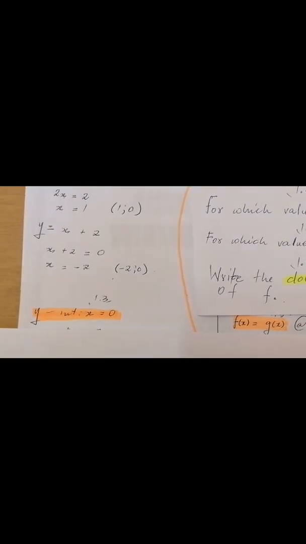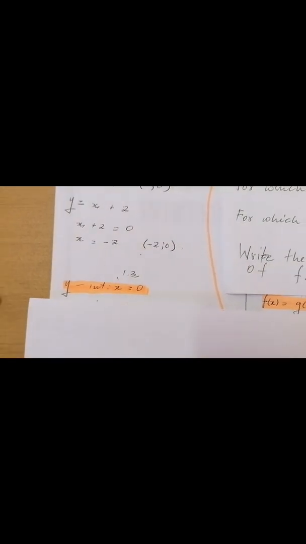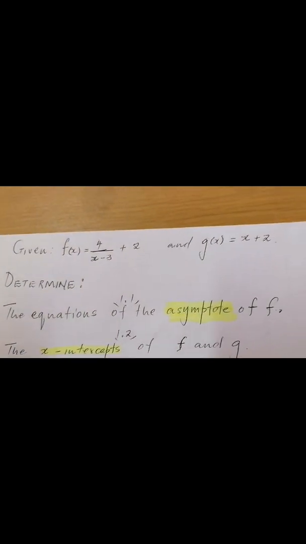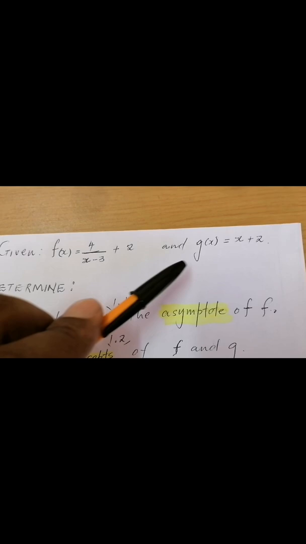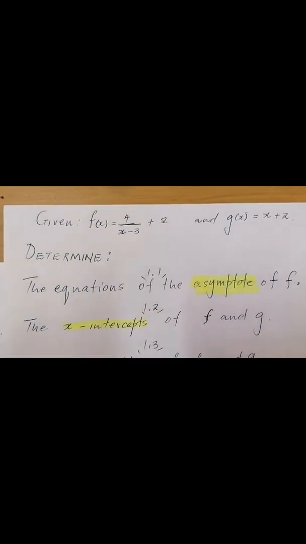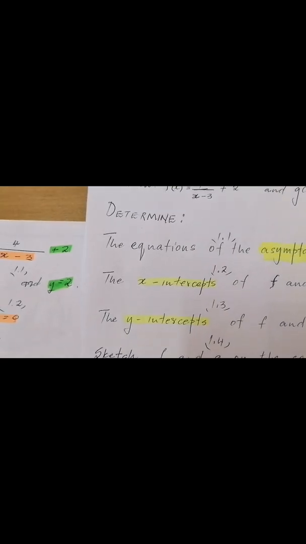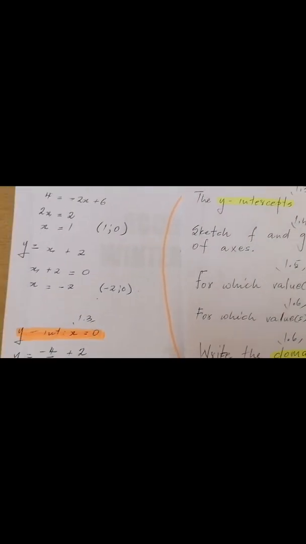We know that for y-intercept, x must be equal to 0. That means that where we see x in both equations, we are going to put 0. Now, let's move on to our beautiful solution there.